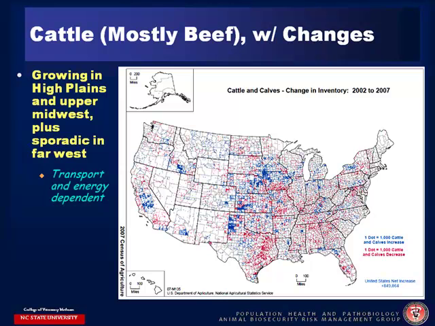There is also activity in Idaho, southern Arizona, and the Central Valley of California. This is getting to sound like a broken record, but people in Las Vegas eat steak. So again, moving the product from where it is raised and processed to where the consumers are is a major issue, therefore very transport and energy dependent.